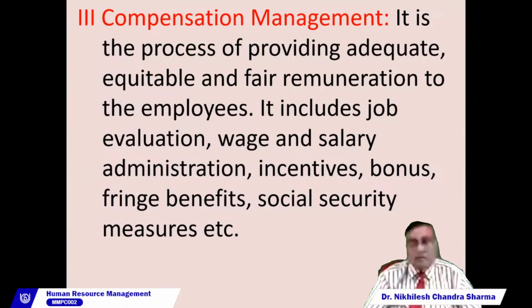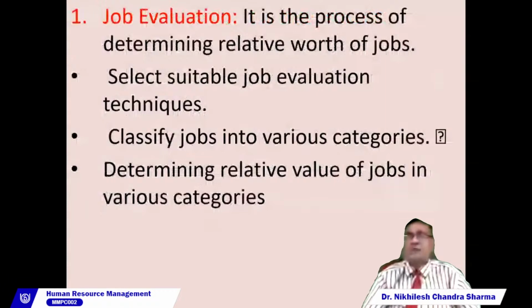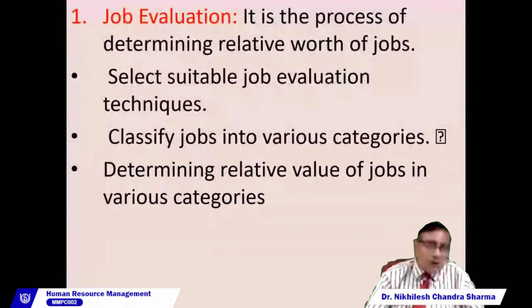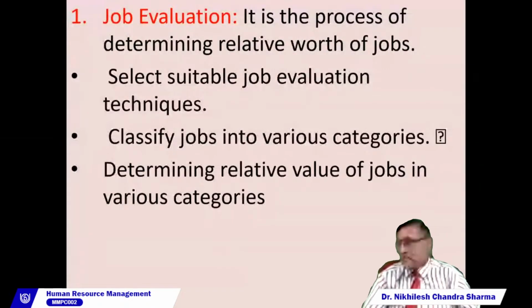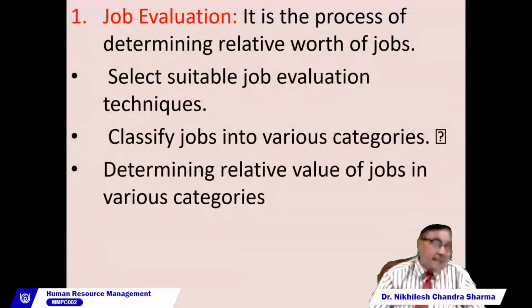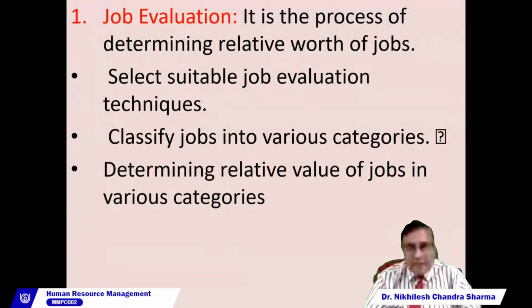Job evaluation is the process of determining the relative worth of the job. Select suitable job evaluation techniques time to time. Classify the jobs into various categories, determining relative value of the jobs in the various categories, are part of job evaluation.